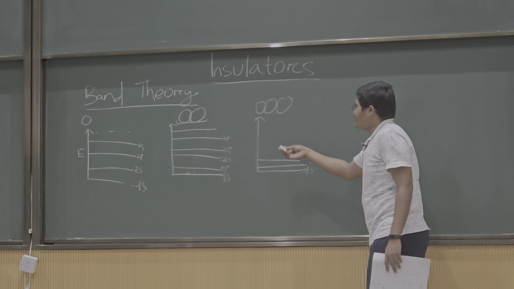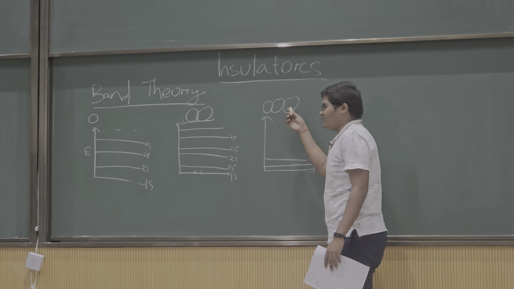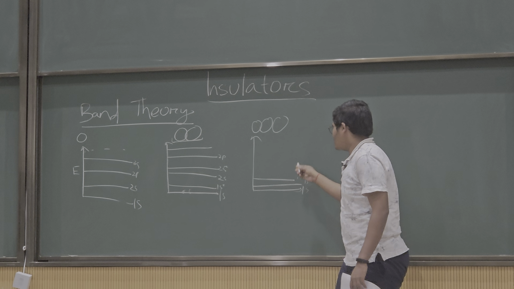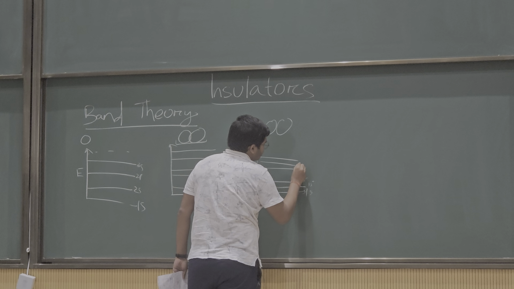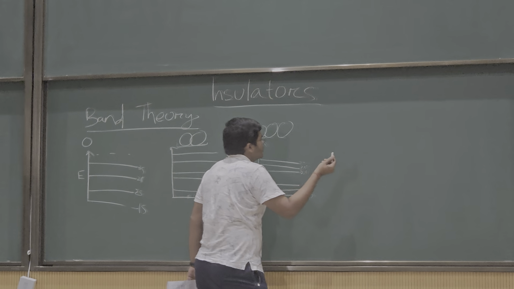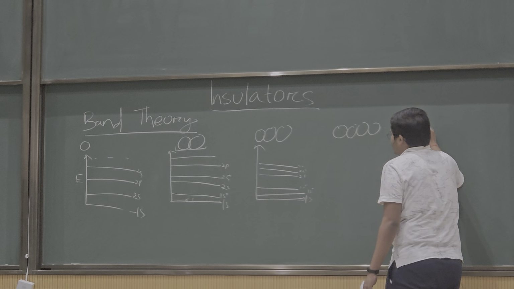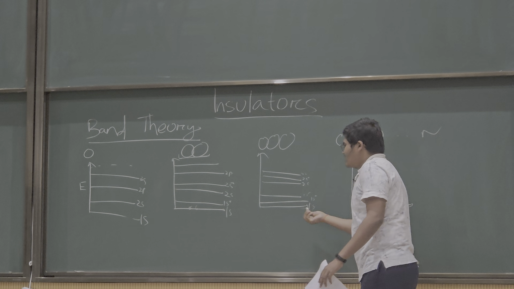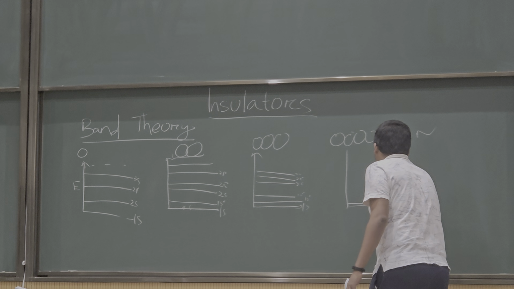Similarly, it will happen with three atoms. The similar orbitals of these three atoms will interact with each other and form three discrete energy levels. It will also happen for 2s, 2s star, 2s double star, and if we keep doing it for n atoms, we will have n discrete energy levels, very close to each other.